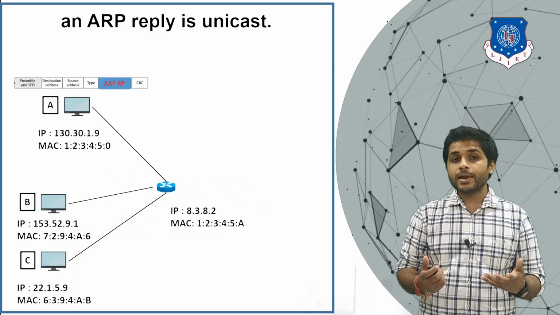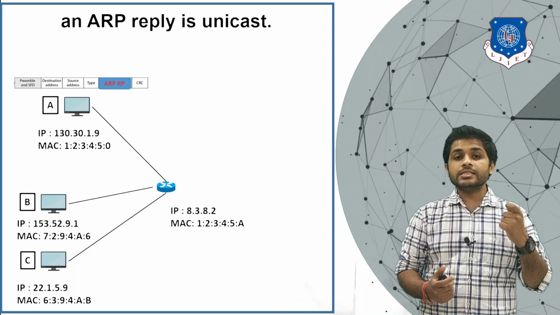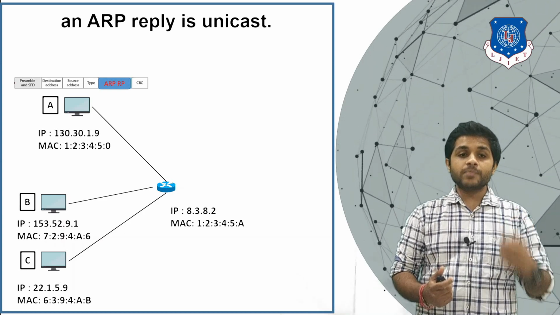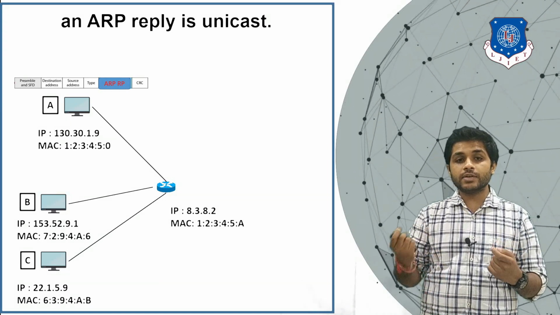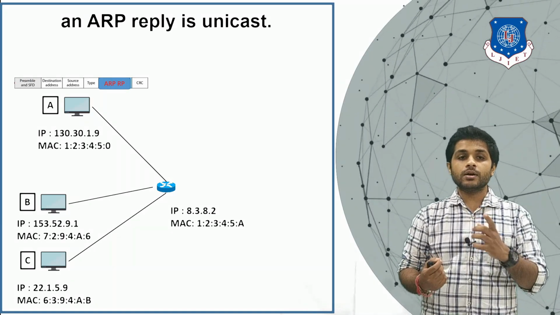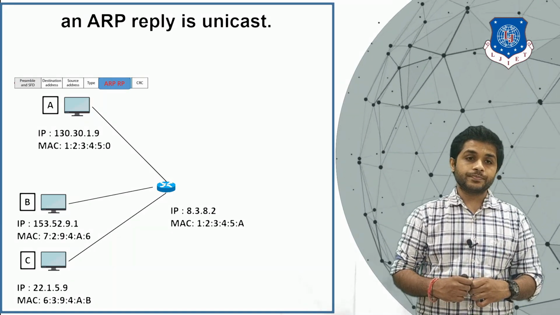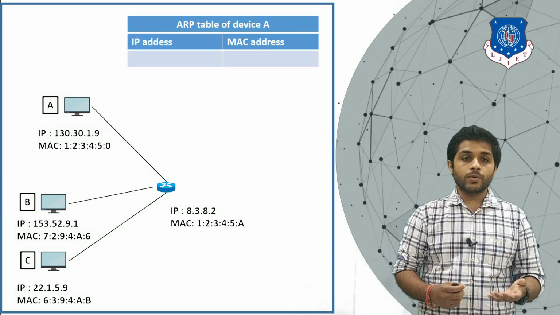Why is the ARP reply unicast? Because B knows which device is asking for its MAC address, so B knows the IP address and the MAC address of the device which is requesting. So B will forward the reply to the requester. This is how the ARP protocol works.